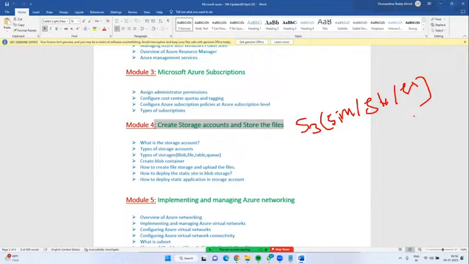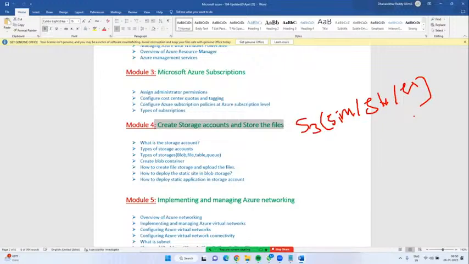Netflix is a big customer for AWS. In Netflix, all the web series, videos, movies, entertainment, everything, they are storing in AWS storage itself. Now Netflix is moving to Microsoft Azure.